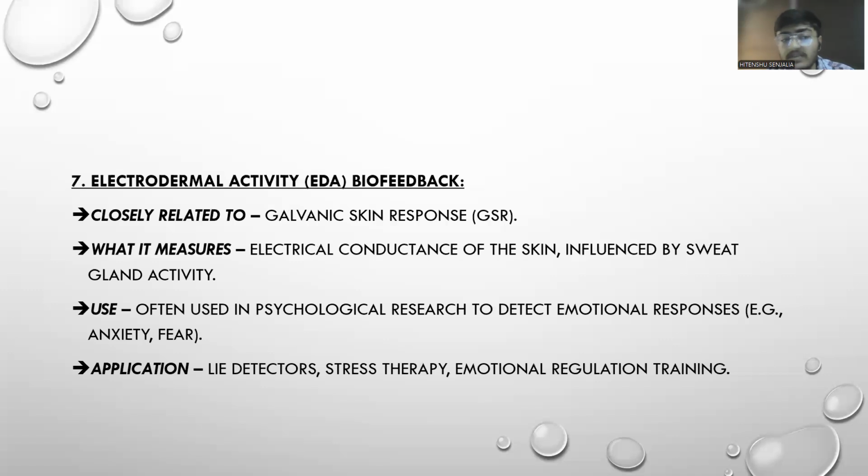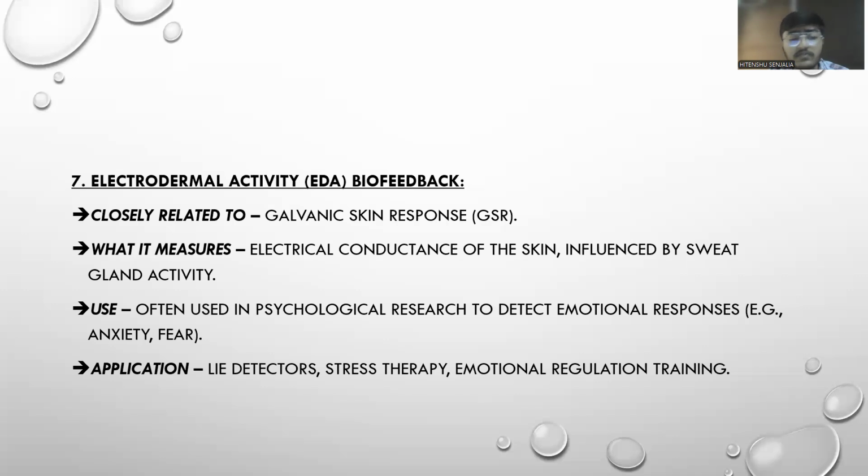The seventh biofeedback is the electrodermal activity biofeedback, which is closely related to galvanic skin response, as I said previously. This measures the electrical conduction of the skin, influenced by sweat gland activity. So this biofeedback is commonly the same as the galvanic skin response.